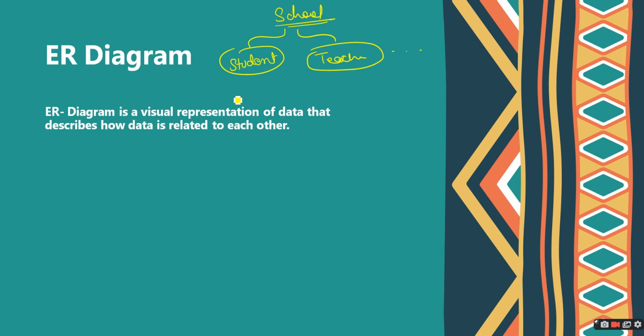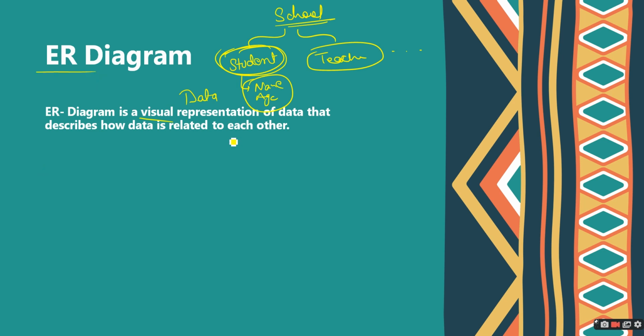So ER diagram is basically a visual representation of the entities' data. Like if we have students, details like name, age. These details are termed as data, right? And to visualize this in a visual representation form, we use ER diagram.